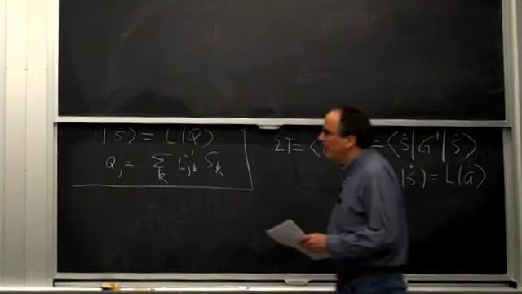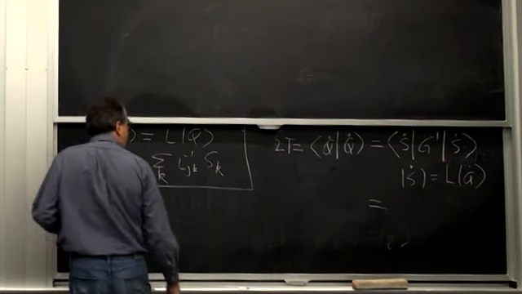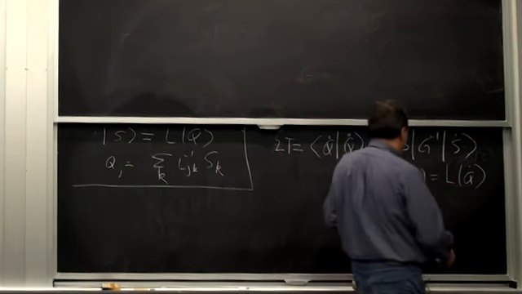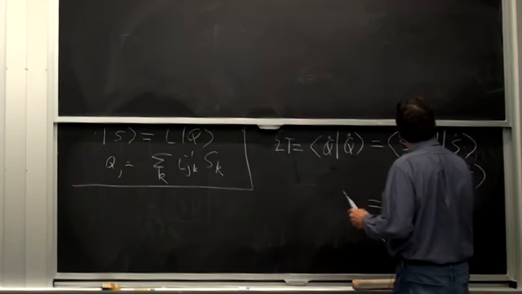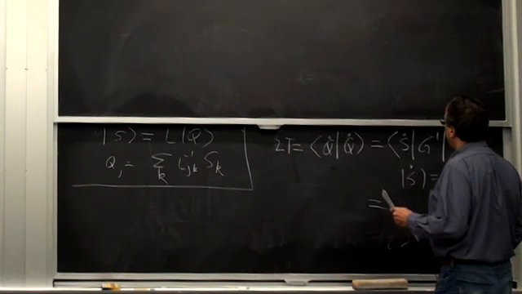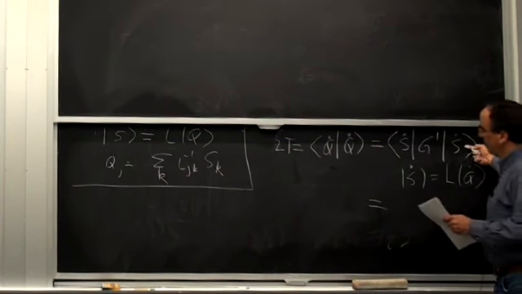Where did I have that? I said the wrong thing. Where did I do this? This I did at the beginning.